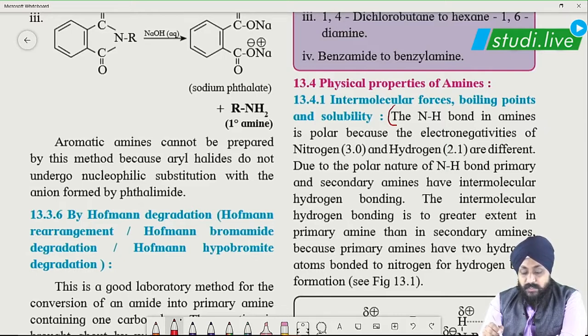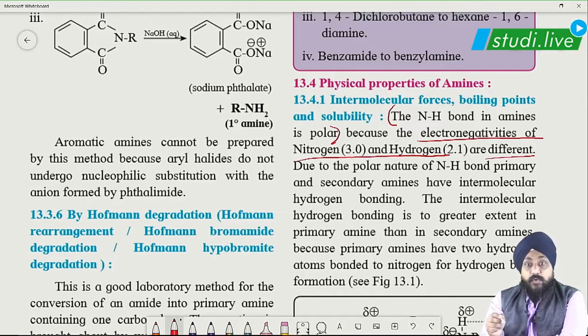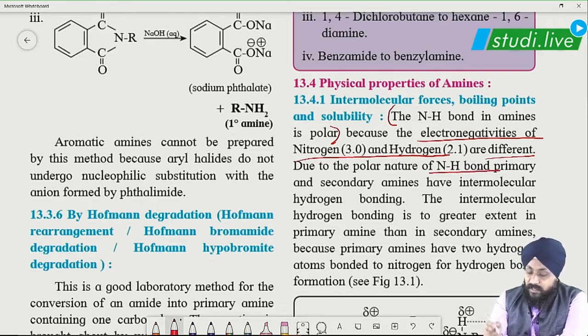Primary and secondary amines have intermolecular hydrogen bonding. The NH bond in amine is polar because of the difference in electronegativity of nitrogen and hydrogen. Due to the polar nature of the NH bond, primary and secondary amines form intermolecular hydrogen bonding.